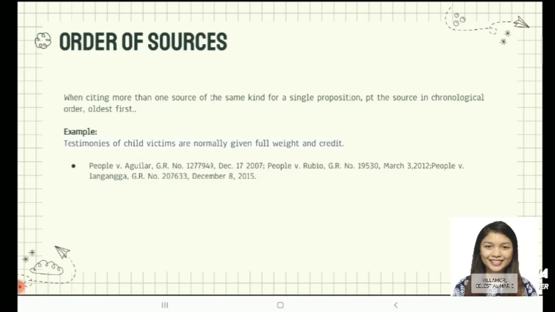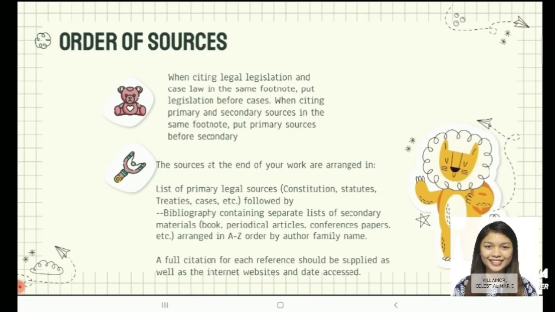The sources at the end of your work are arranged in a list of primary legal sources in order, where the Constitution must come first, followed by statutes, treaties, cases, and so on. This is followed by a bibliography containing separate lists of secondary materials such as books, periodicals, articles, conference papers, etc., arranged in A to Z order by the author's family name.